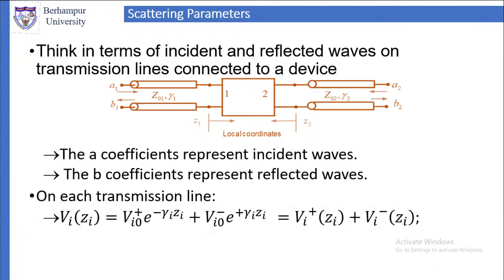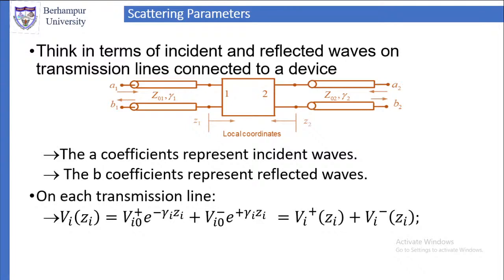Now you can see, using transmission line theory, where i stands for the transmission line number. If it is a 2-port, i can be 1 or 2.